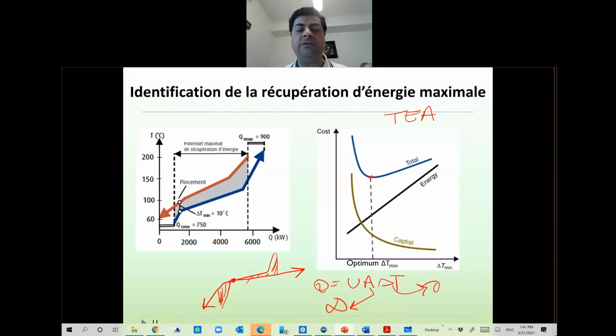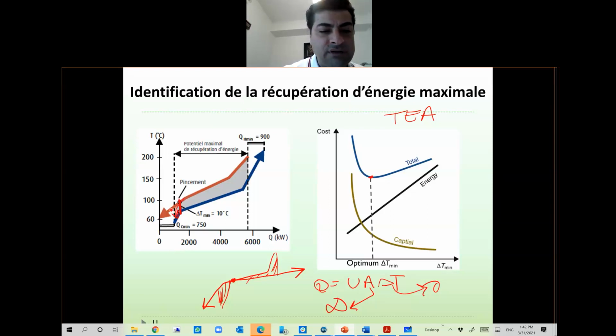Okay, this is one criterion. Another criterion in pinch analysis is when you design a pinch, you should never assume that heat... Imagine that this is the pinch zone, the pinch point. You should never assume that the heat from the upper part of the hot streams can be transferred to the lower part, and vice versa.